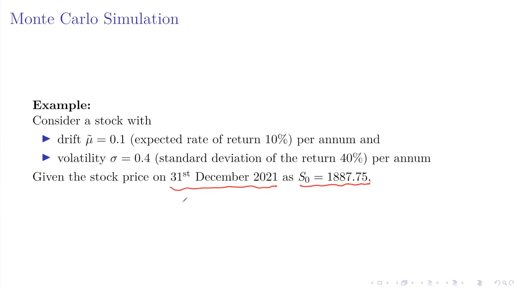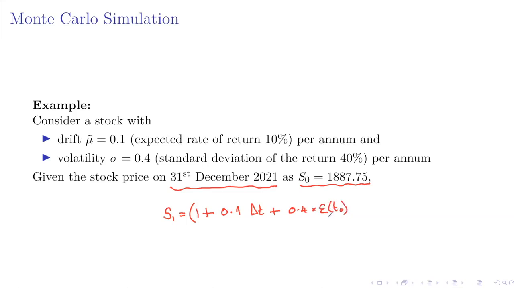So basically what we have is S0, therefore S1 can be obtained using the Monte Carlo simulation equation that we proposed in the previous slide, and that is given by 1 plus mu tilde, which is 0.1 into delta t, plus sigma, which is 0.4, into epsilon of t naught.